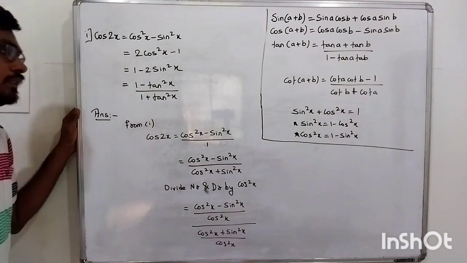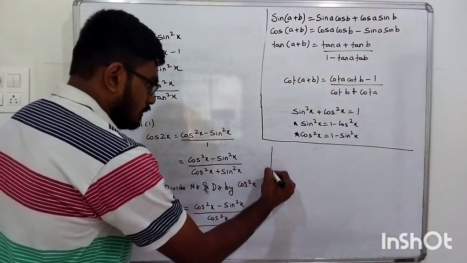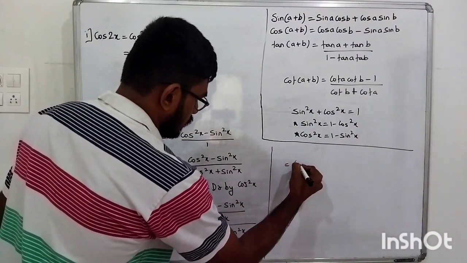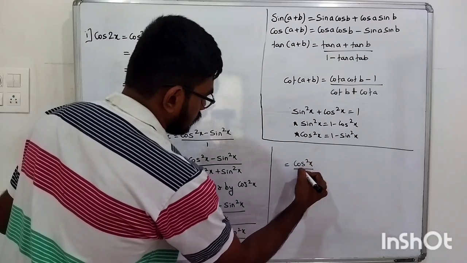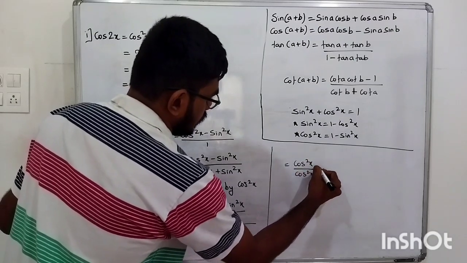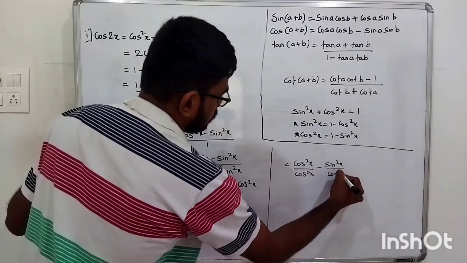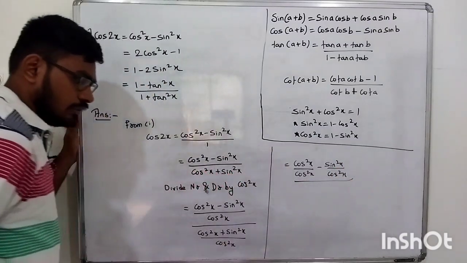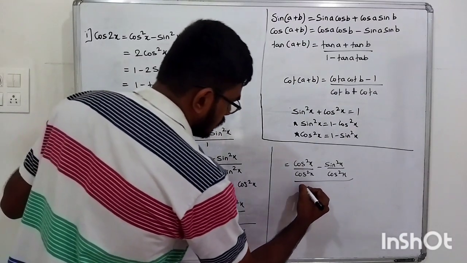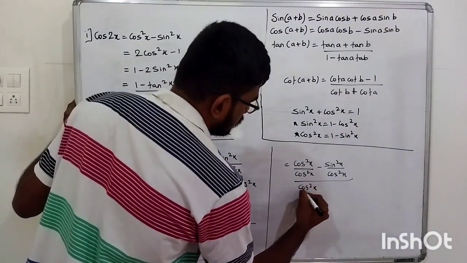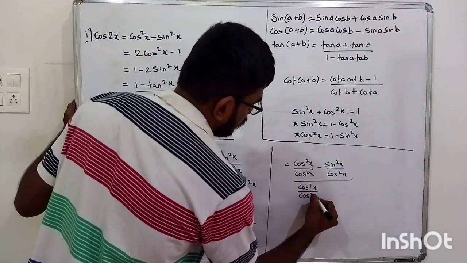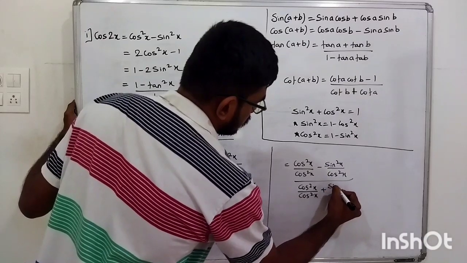And we split this now and we'll get the answer. So we get cos square x upon cos square x minus sin square x upon cos square x, whole upon cos square x upon cos square x plus sin square x upon cos square x.